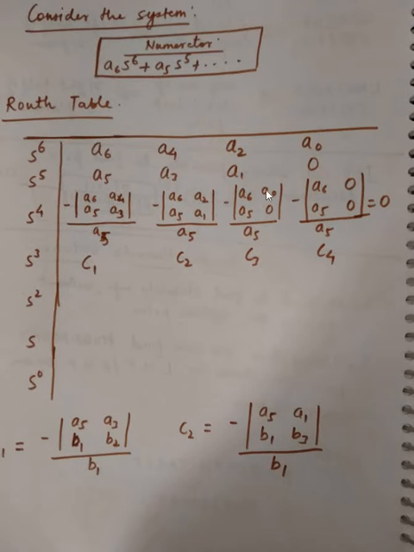Then the rest of the table we have to fill. The method of filling is that you will have to find a determinant. And what determinant you will have to find?